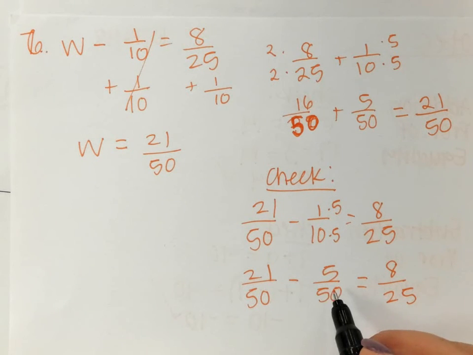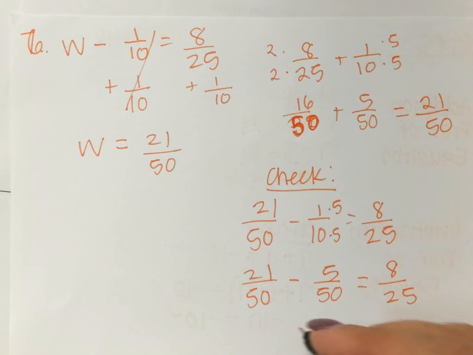What is 21 minus 5? 16 over 50. Is that equal to 8 over 25? It is, but I have to simplify it to really see, right?